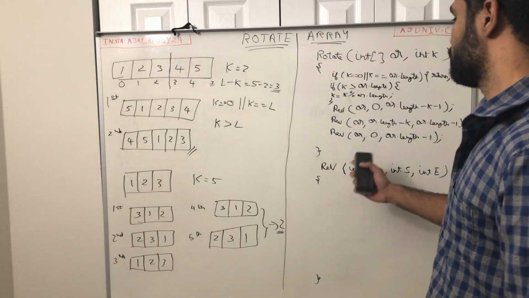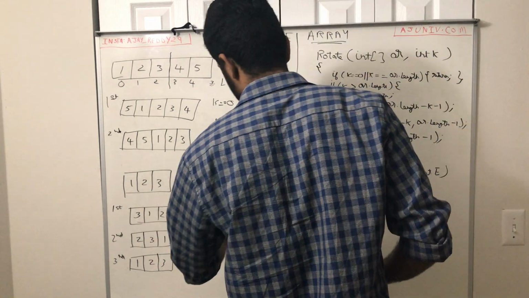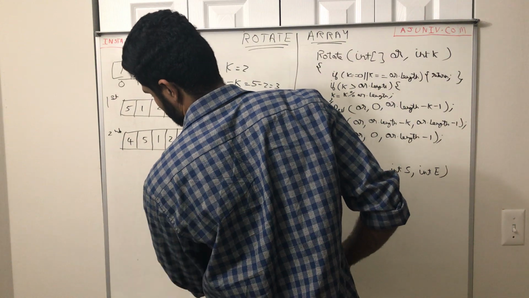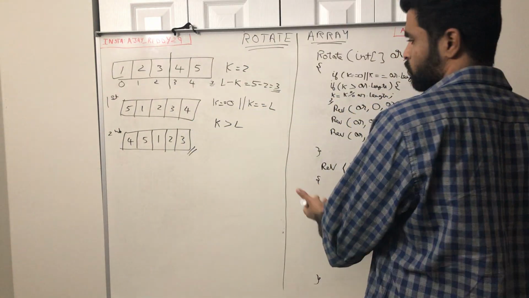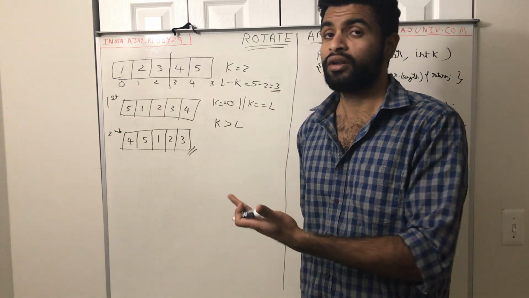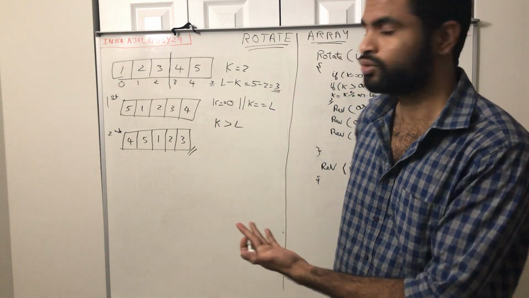So let me implement the reverse function. For implementing the reverse function, you can actually do a reverse function on an array in linear time with constant space. Let me show you how we can do that.